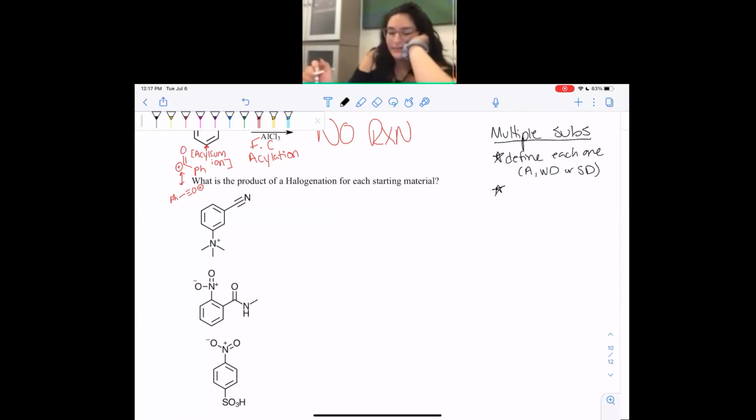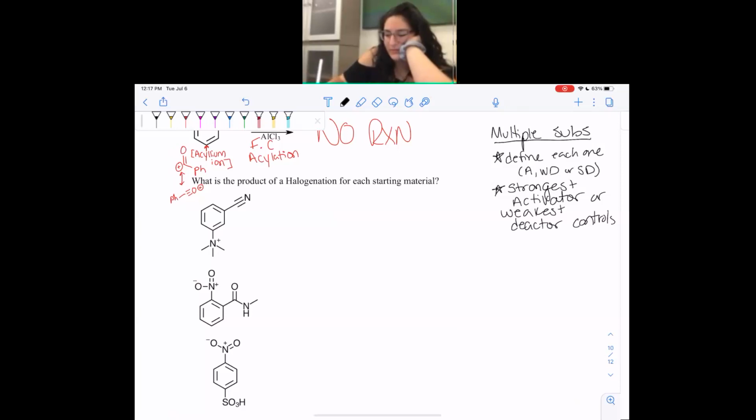And then the strongest activator or weakest deactivator controls, and that's going to control the next, or I'll say directing effects.